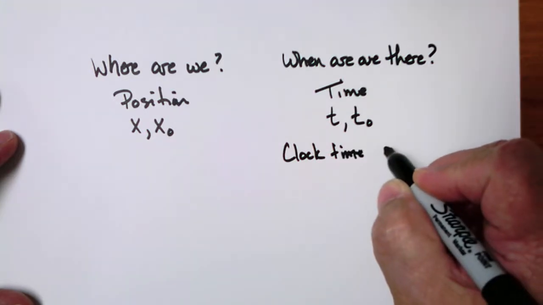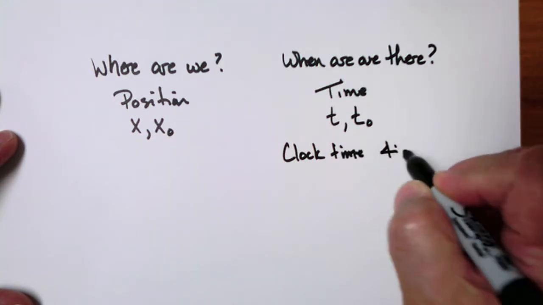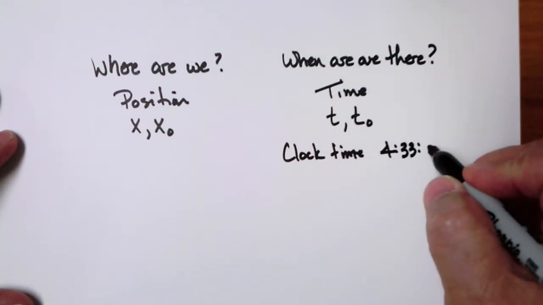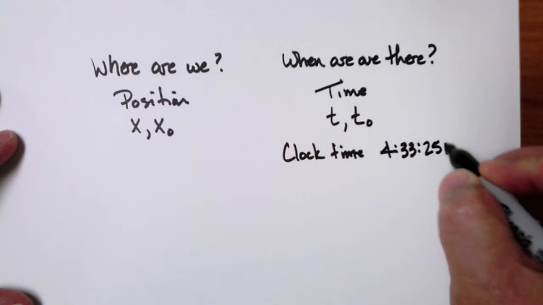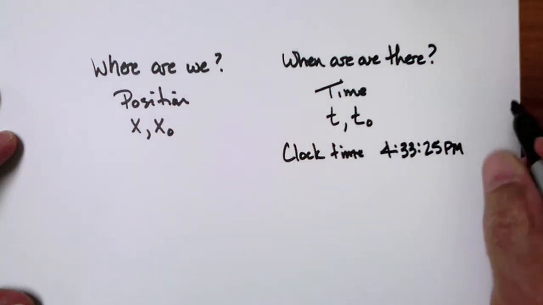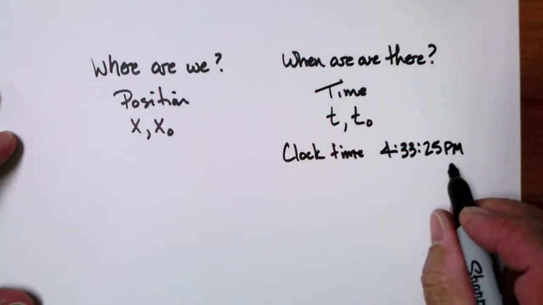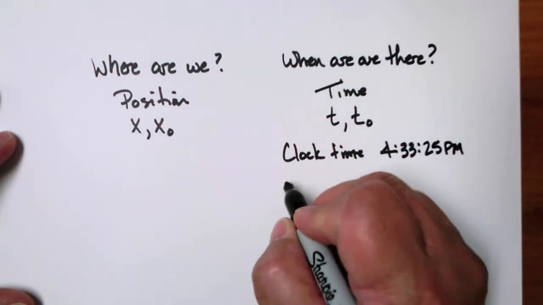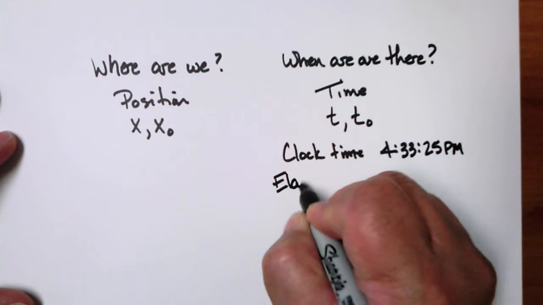where we would record the actual time that we occupied the position, like 4:33 and 25 seconds p.m. That's a bit awkward for what we're going to be doing. So instead of clock time, we're going to be using elapsed time.